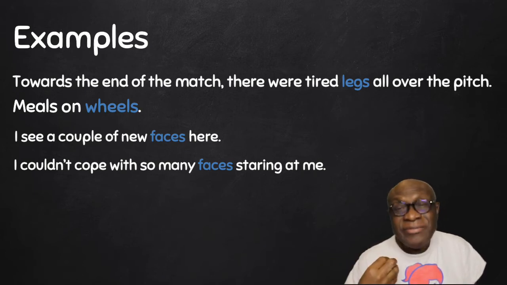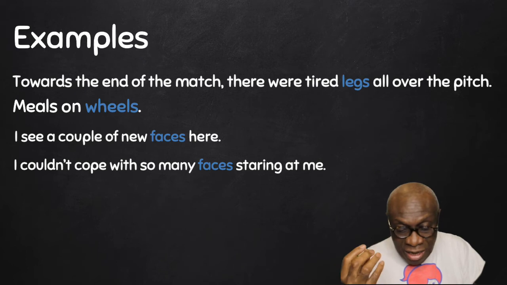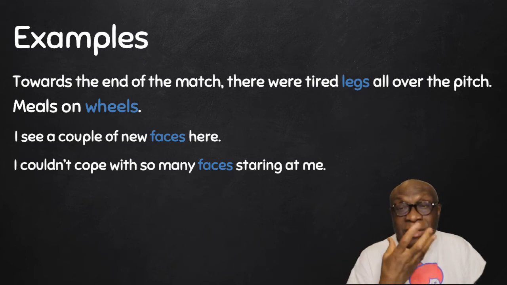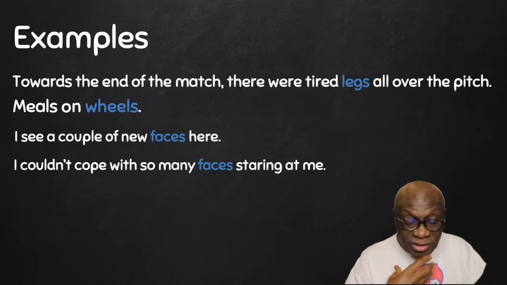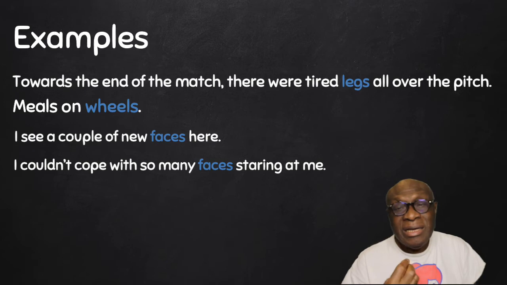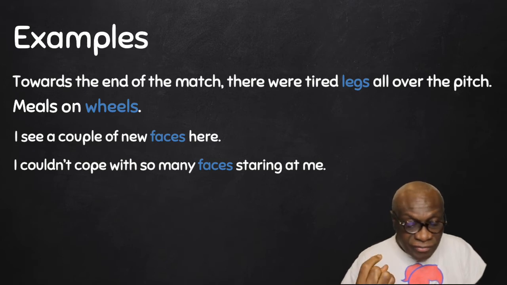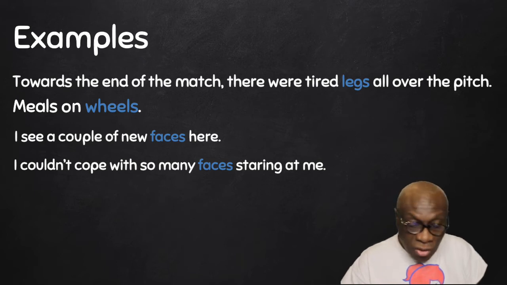And instead of saying eyes, which are actually doing the job of staring, I'm using faces, which is the whole thing. These four examples give you the use of Synecdoche, using part for the whole or the whole for the part.